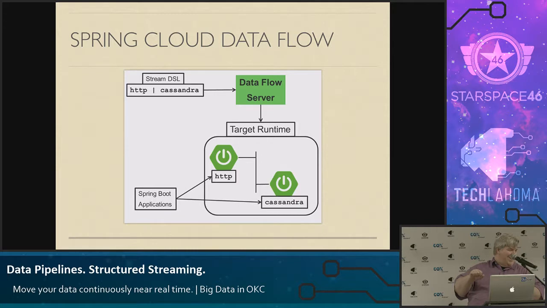I found that Spring Cloud Data Flow had the same issue that I had with Apache NiFi. I create this microservice architecture, and I create a microservice that does A. If I need 30 A processes running, the Data Flow server will manage that for me.